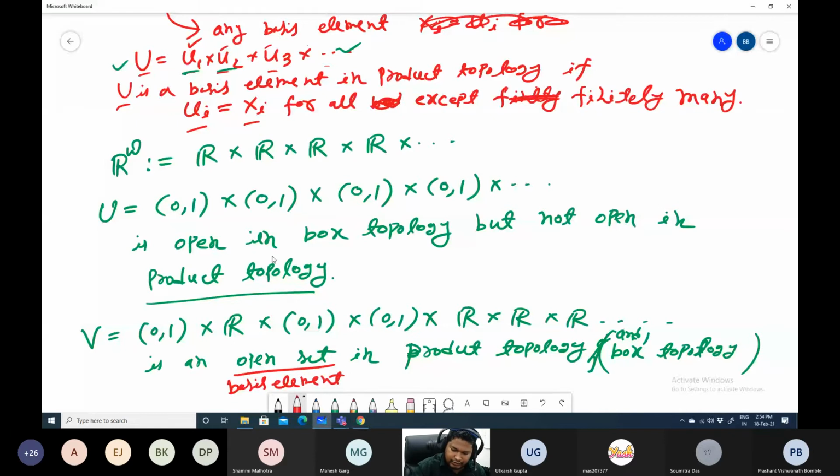And the earlier one is not open in the product topology. Here it is open means it is a basis element.